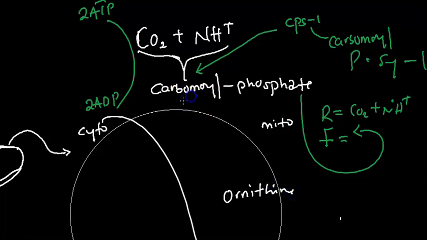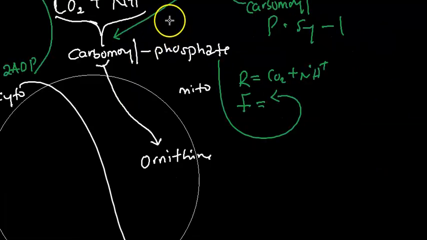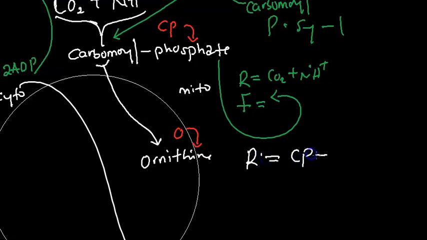What really happens at this point? So, let's denote CP as carbamoyl phosphate and O as ornithine. At this point, the reactants are CP, carbamoyl phosphate, and ornithine, and they give the final product which is known as C, also called citrulline.